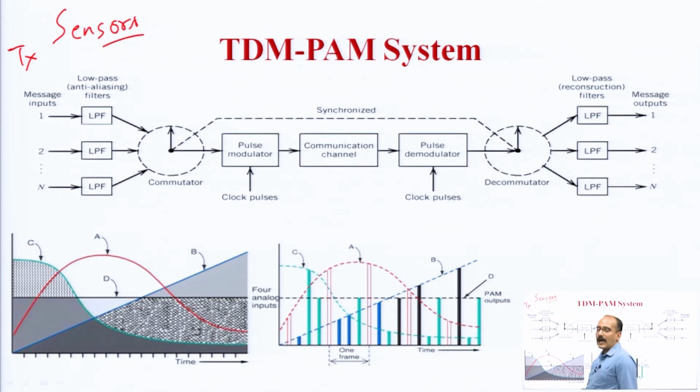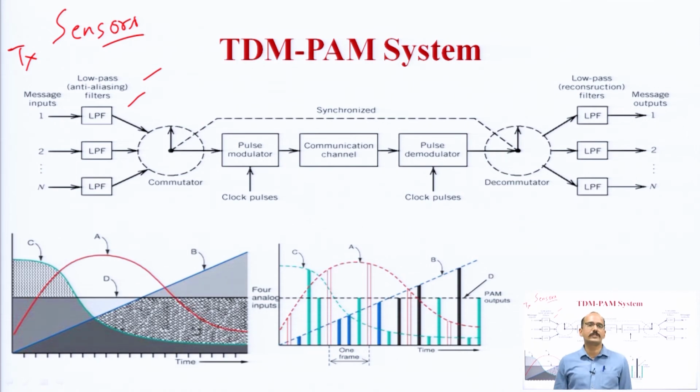These sensors are generating low signals, low voltage signal or we can say that weak signals, and that signals are applied on the low pass filters that are LPF. These low pass filters are basically used as anti-aliasing filters.